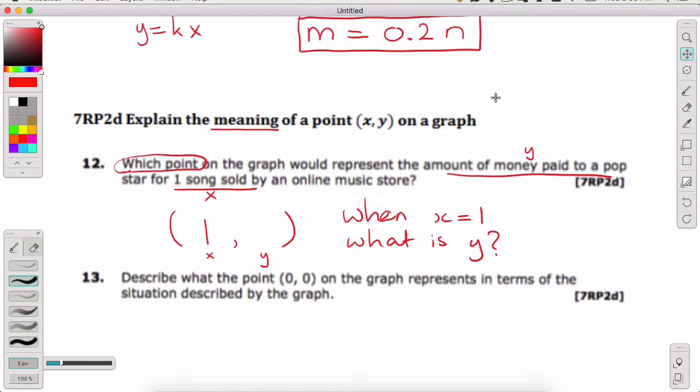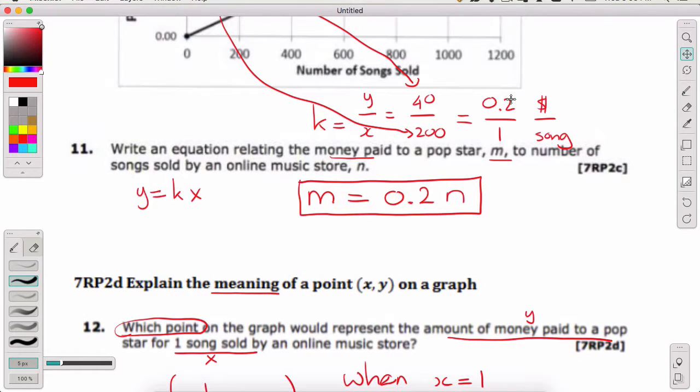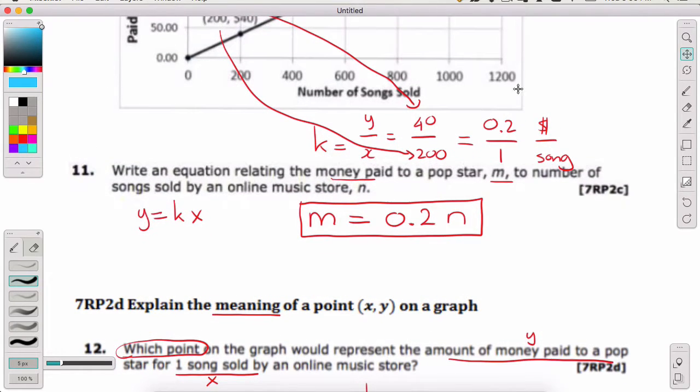Well, I've already done all this work here, and look, that's where it is. Pick a different color. Right there, it tells me when X is 1, the X number here is 1, the Y number here, the amount of dollars here, is 0.2, 20 cents.